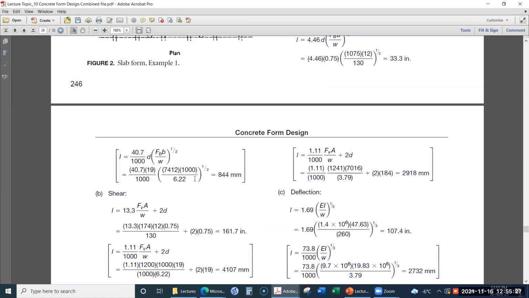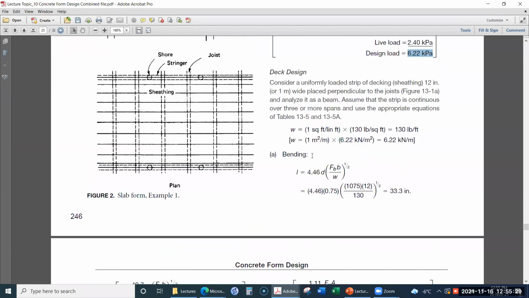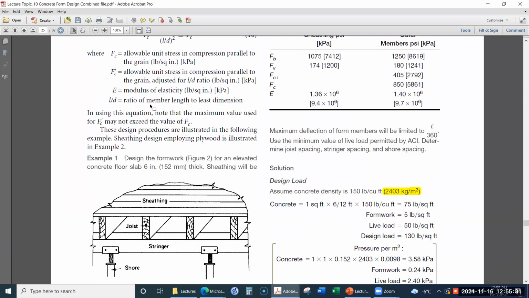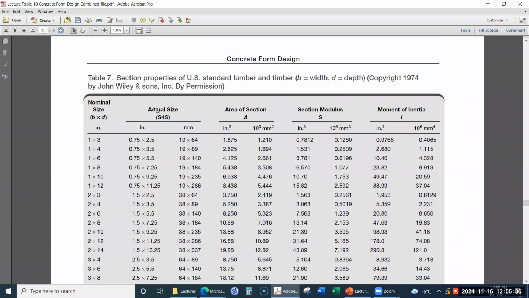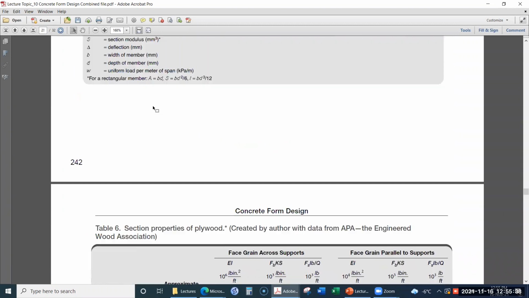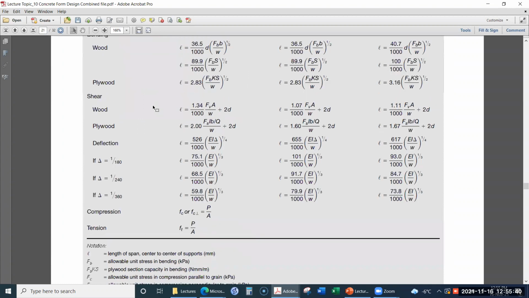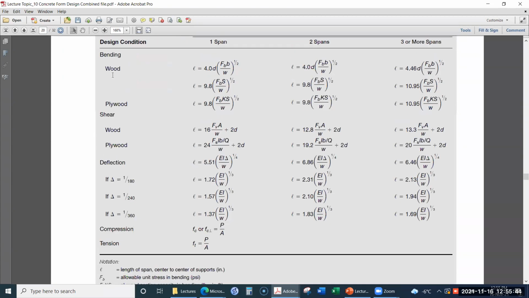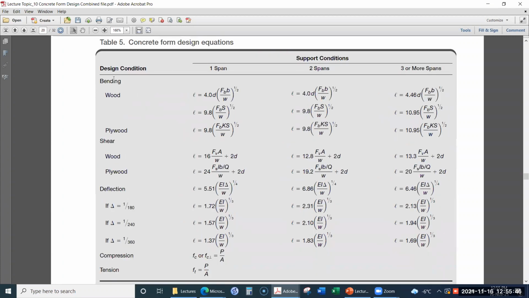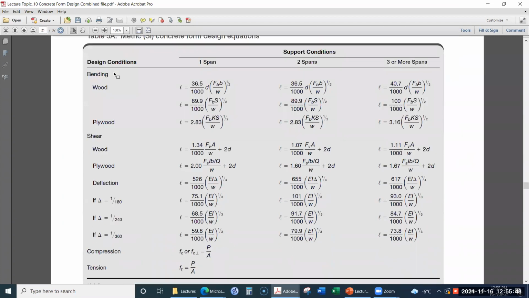These equations have been provided in table 13.5 and 13.5A. Table 13.5 is for US customary units, so we will use table 13.5A, which is for SI units.